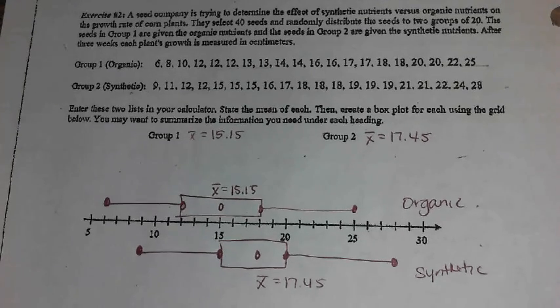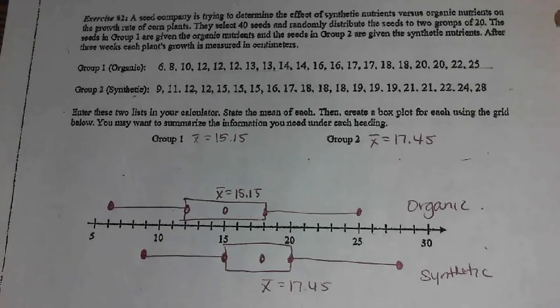So it's taking our synthetic average and subtracting our organic average. It's splitting it into groups, and the first time, the difference between the averages was negative 4.3, which means group 2 minus group 1 led you to negative 4.3. So they were off by that many centimeters.